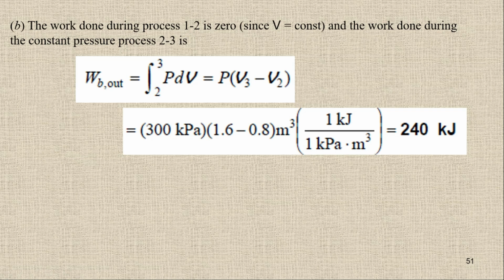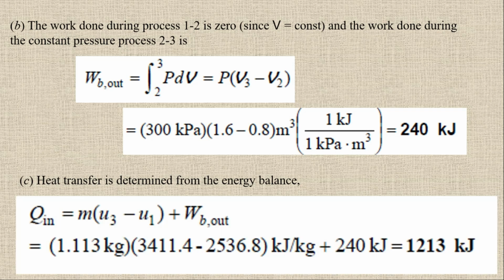In part C, we have to find the total heat transfer. For the total heat transfer, we can use the energy equation that we already used on the first slide of this question. So the energy equation is like this. Rearranging the energy equation, we have Qin equal to m times U3 minus U1 plus boundary work.